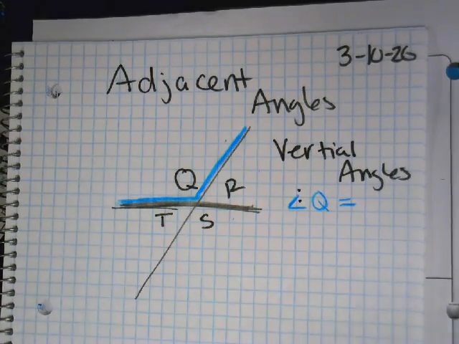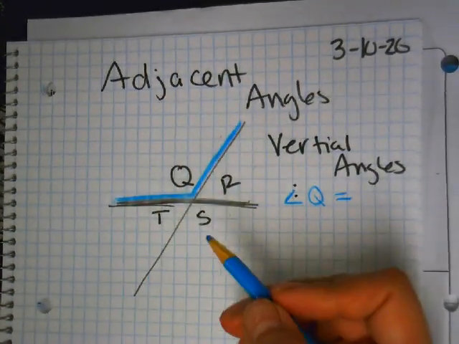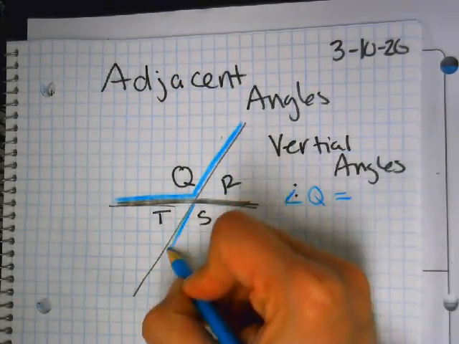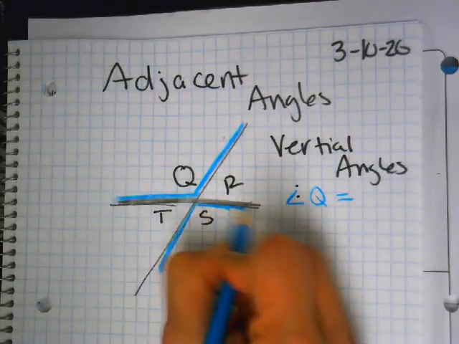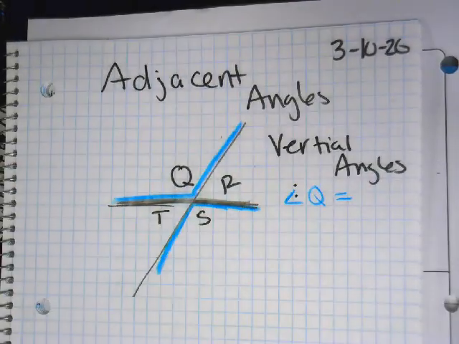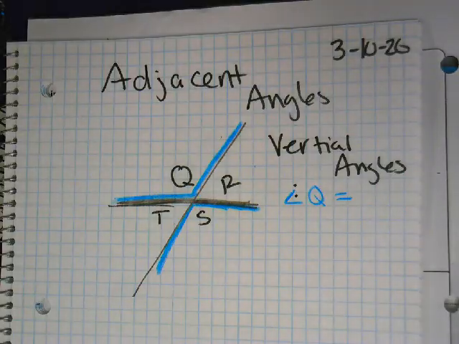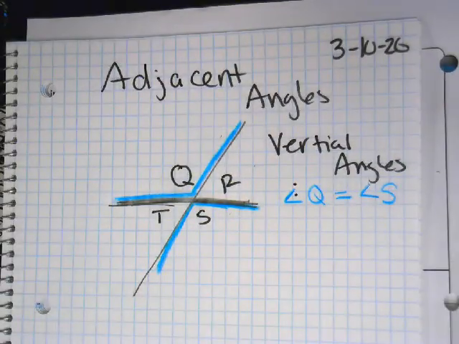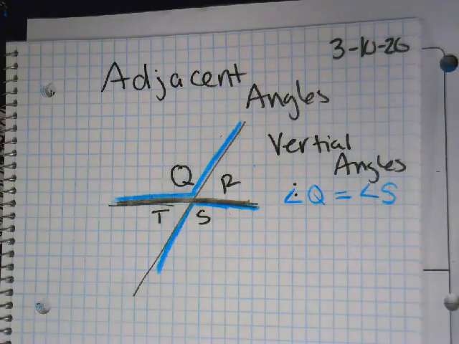S. So I'm going to take my same color pencil and color it the same color. The blue angles here, in your case one of the colors, those 2 are actually equal to each other. So angle Q is equal to angle S. They're both congruent or equal.